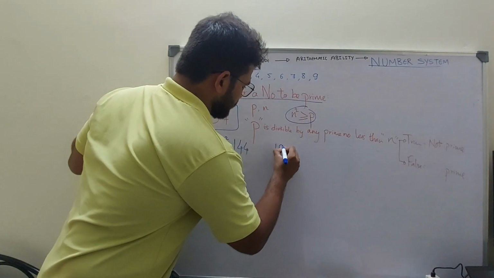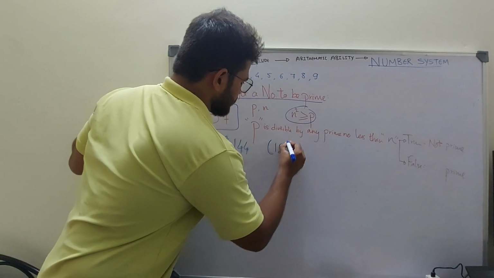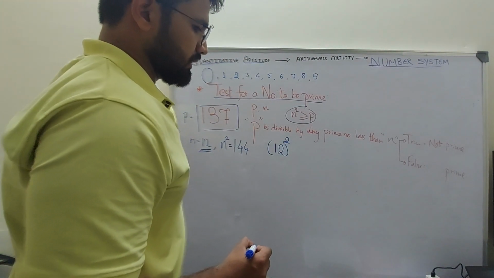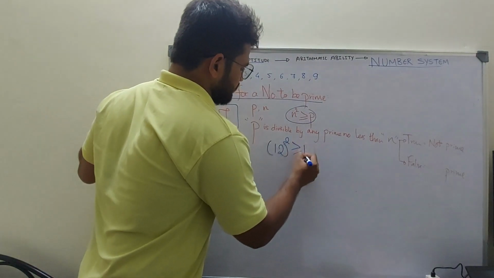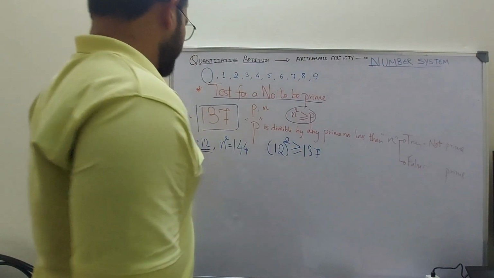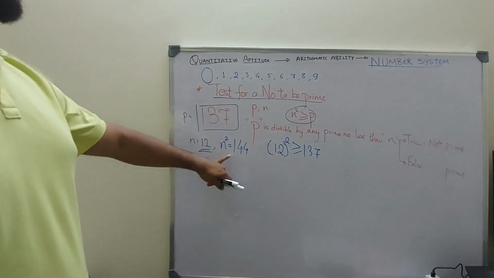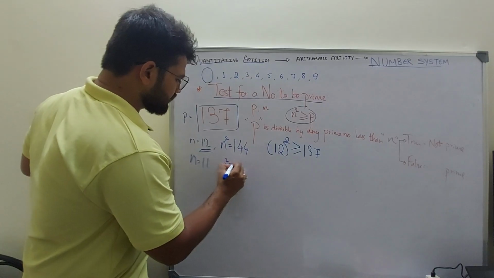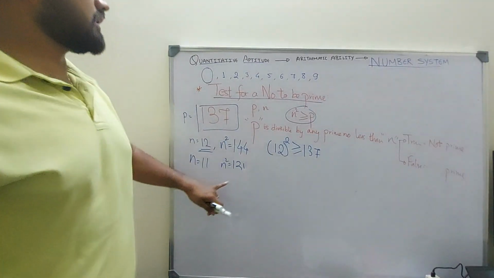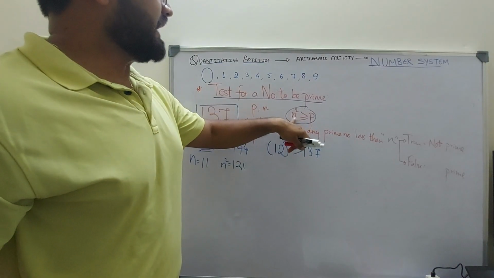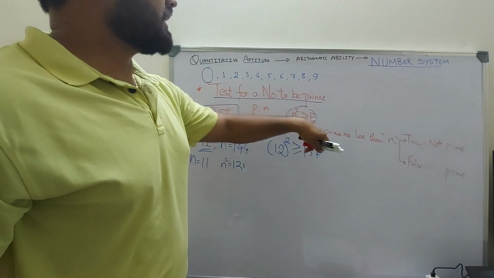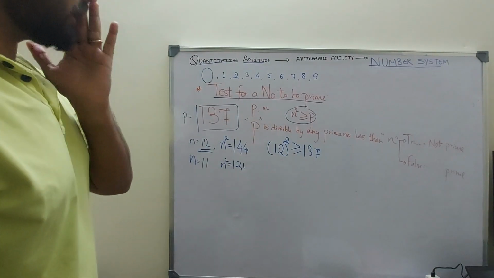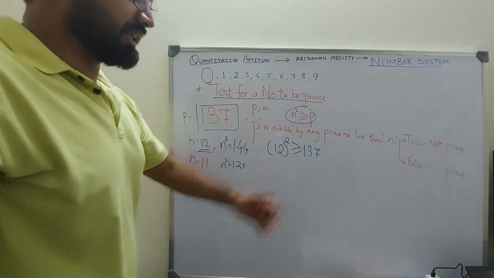Thus we can write 12 square is greater than 137. This is the least. If we go for n equal to 11, then it will be 121, which is lesser than this. The theory says find the smallest n such that n square is greater than or equal to p.